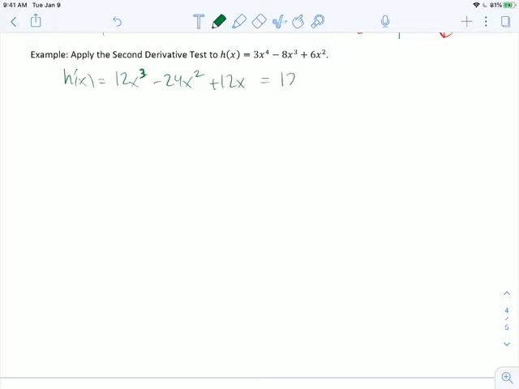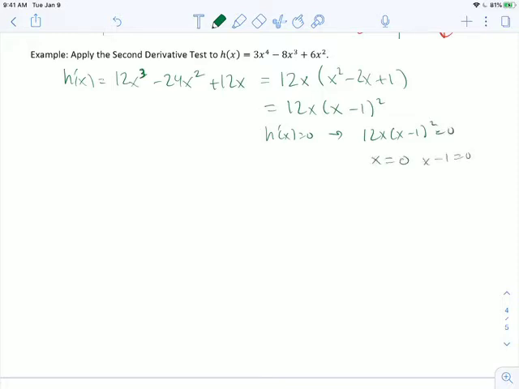And notice that I can factor out a 12x from this. When I do that, I get 12x times x squared minus 2x plus 1, and we want to recognize that x squared minus 2x plus 1 is x minus 1 quantity squared. So if I set h prime equal to 0, I get that x is equal to 0 or x minus 1 is equal to 0, which is x equal to 1. So 0 and 1 are my critical points.